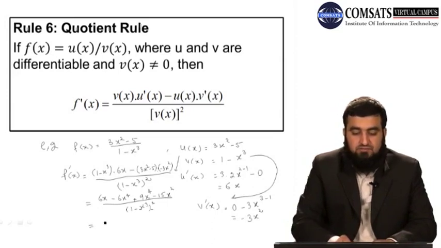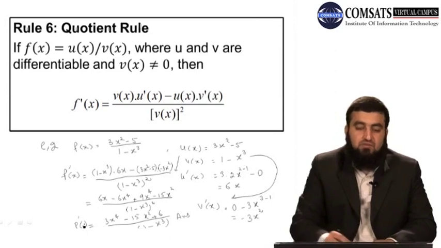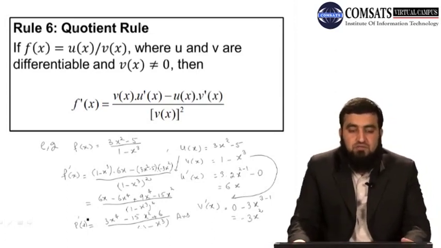So this is equal to 9x to the power 4 minus 6x to the power 4 is 3x to the power 4 minus 15x square plus 6x divided by 1 minus x cube whole square. So this is the answer. So this is the f prime of x. So if you have a quotient of two functions, you will find its derivative in this way.